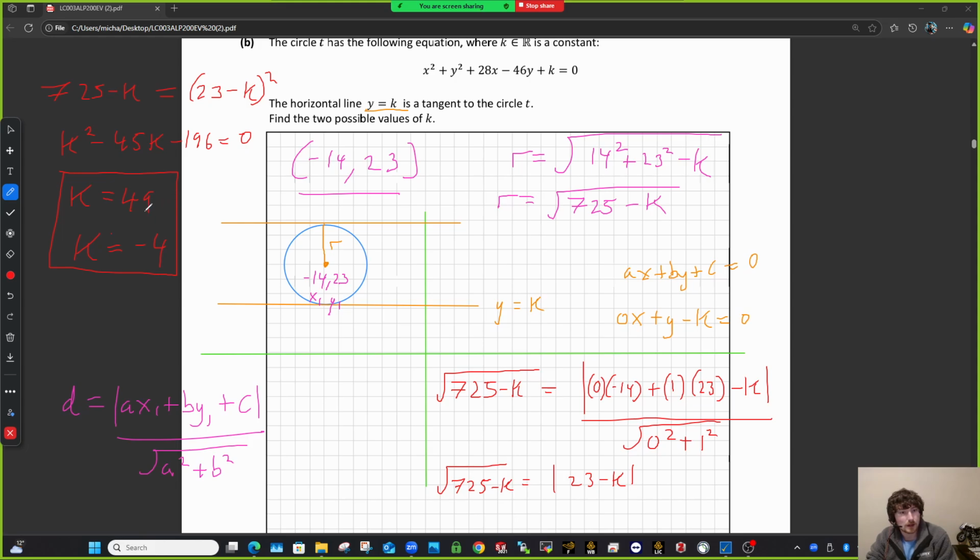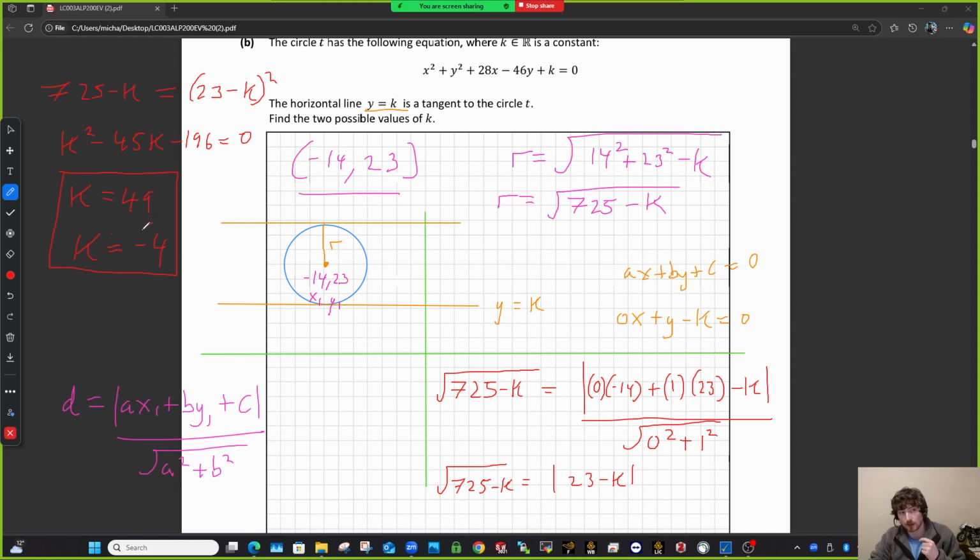So we'll just go through an example of this. When k is minus 4, you put minus 4 in there. The radius works out as root 729, so the radius is 27 when k is minus 4. Think about it: if you have a radius of 27 and your y value was already 23, the line above is something like 50, or the line below is minus 4, because then you would go 27 away from your y coordinate.